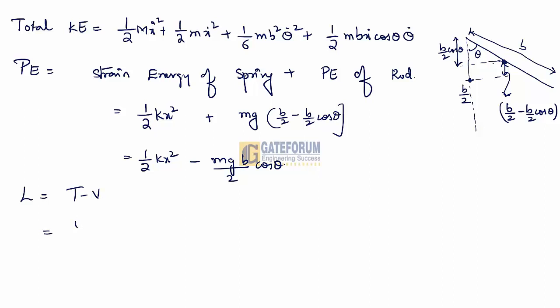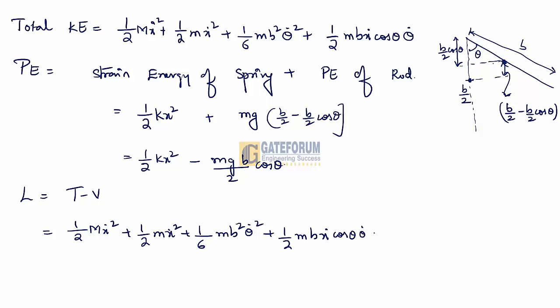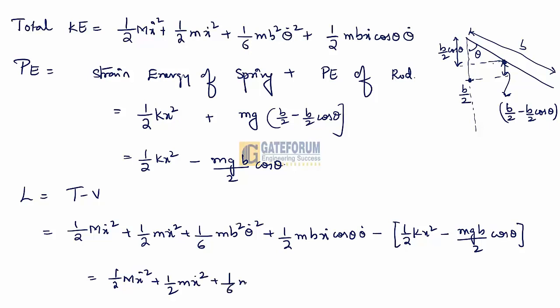The kinetic energy we have calculated as half capital M x dot square plus half small m x dot square plus 1 by 6 times m b square theta dot square plus 1 by 2 times m b x dot cos theta into theta dot, minus the potential energy, which is half k x square minus mgb by 2 cos theta. So this was a very good question.